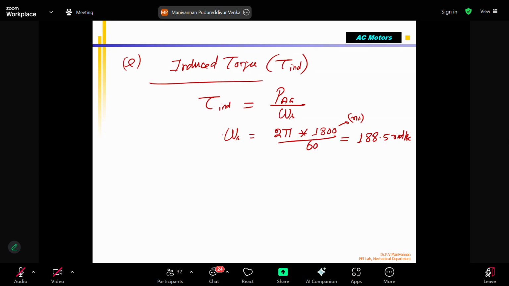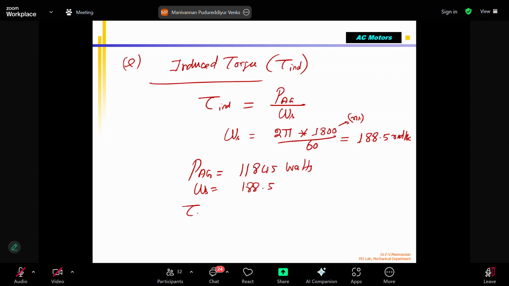Okay, so one that is known. Then we can substitute that. We already have PAG. PAG equal to 11845 watts. And omega S is 188.5 radians per second.